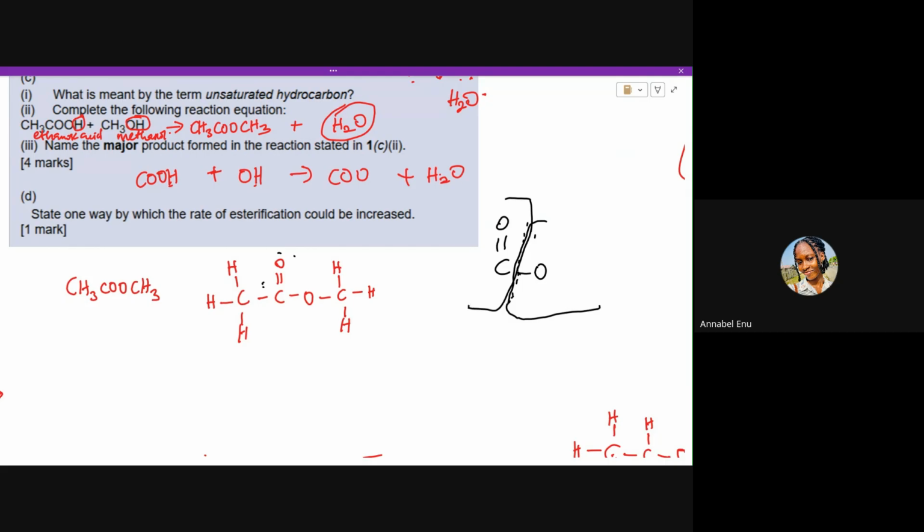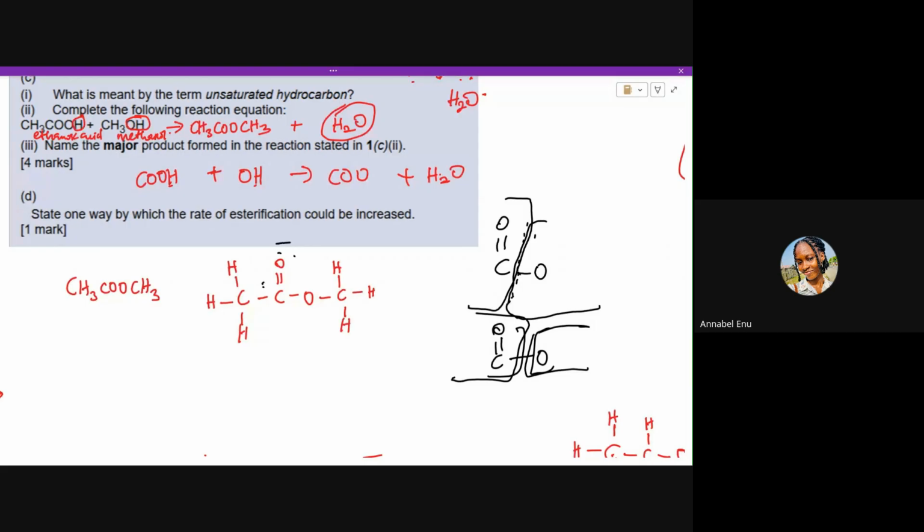So we are dividing the COO into carbon and just oxygen. So there's a group that is following the oxygen, and there's a group that is in front of this carbon and oxygen. So the first thing is to divide into 2 sides.